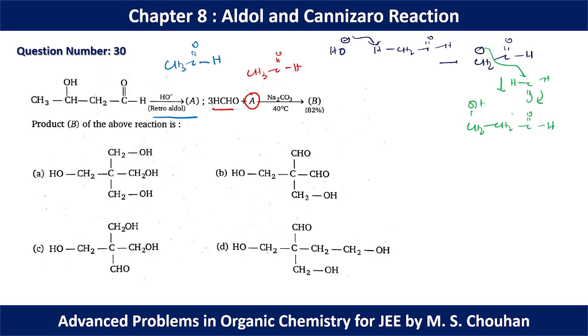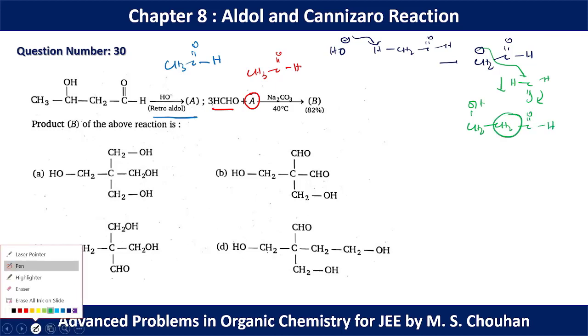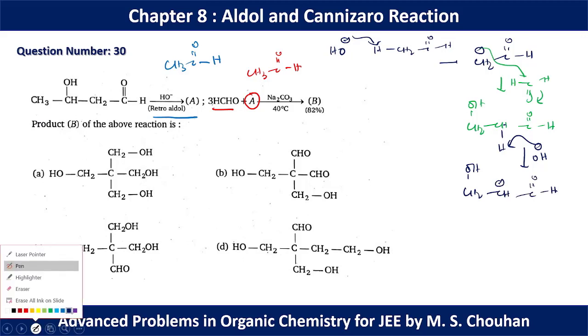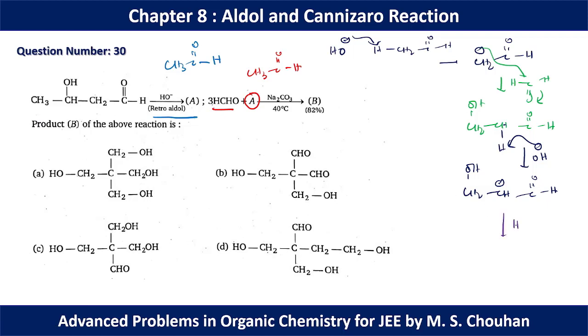CH2CHO. Now again alpha hydrogens are present, so the next alpha hydrogen can be abstracted by OH minus, and we can have a situation like this: CH minus CHO, and the next equivalent of formaldehyde will react. So again we can have CH2OH, CHO.